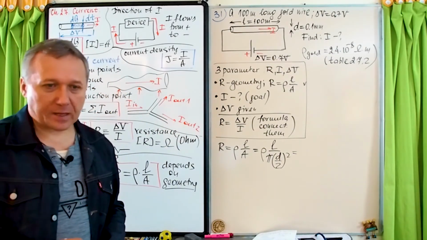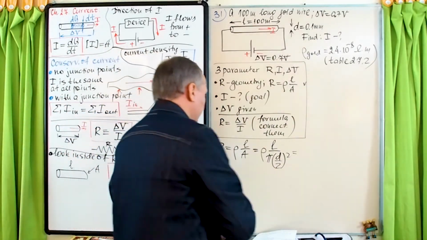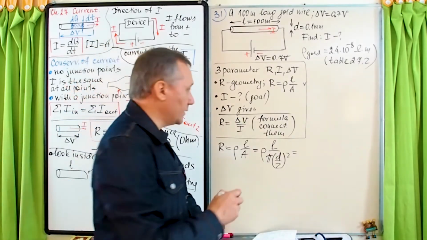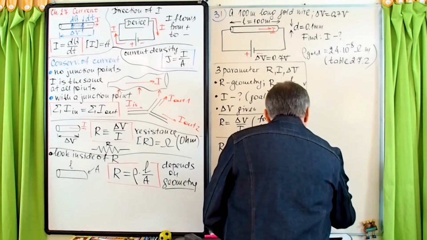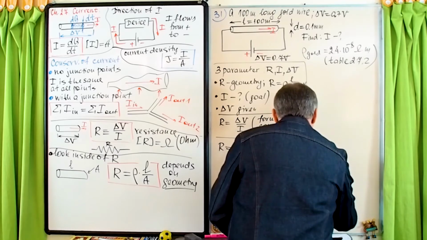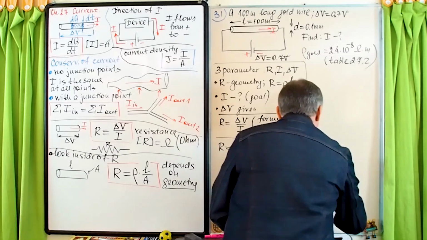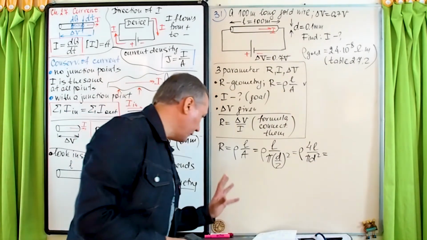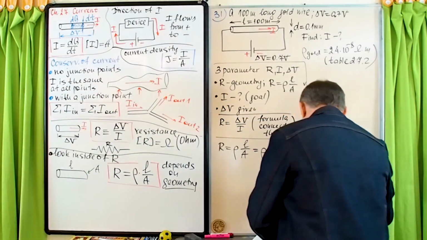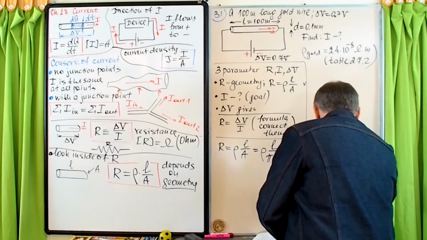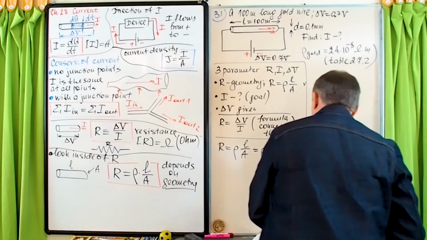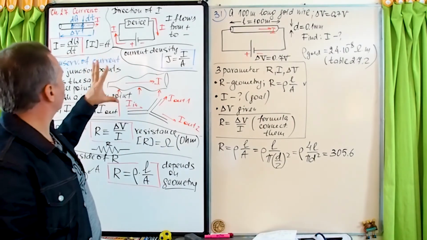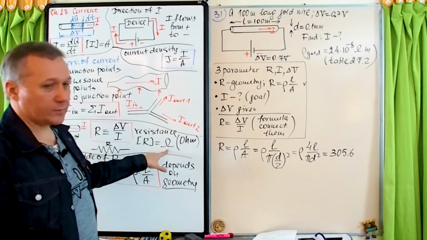Lots of unnecessary mistakes, so be careful. In this case, 4 goes upstairs and d squared in the denominator. So it will be rho 4L over pi d squared. Everything must be in meters. If you convert it, you will end up with 305.6, units of ohm.